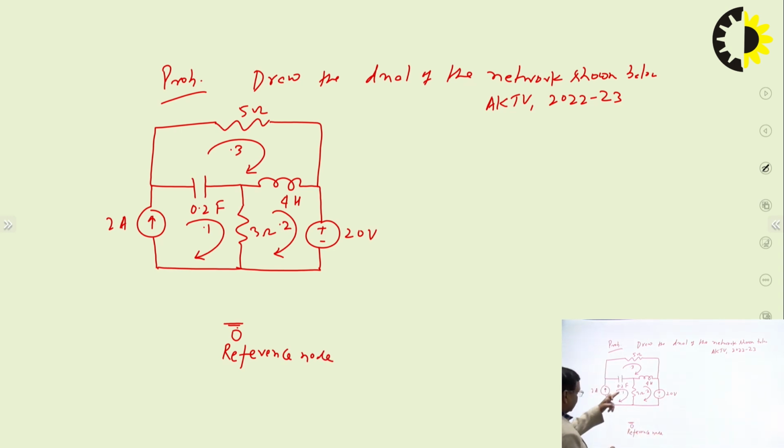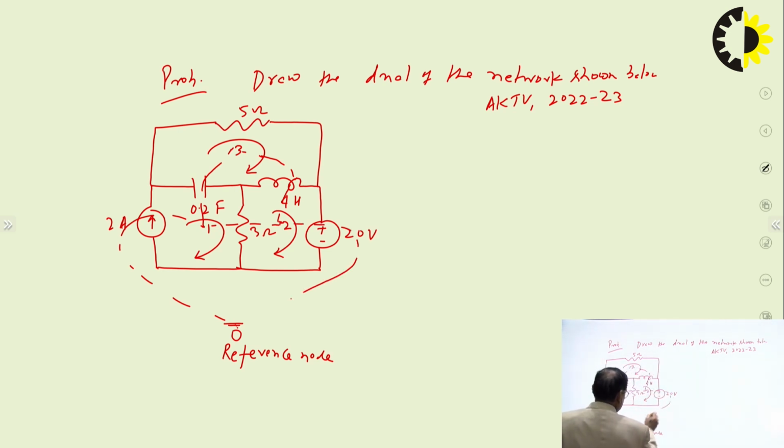Now connect these nodes traversing one element at a time. The 0.2 farad is in between 2 and 3, so it will be like this. 3 ohm is between 1 and 2, so it will be like this. 4 henry is between 2 and 3, and 20 volt is between 2 and reference.